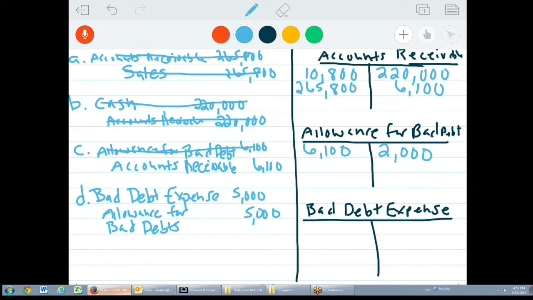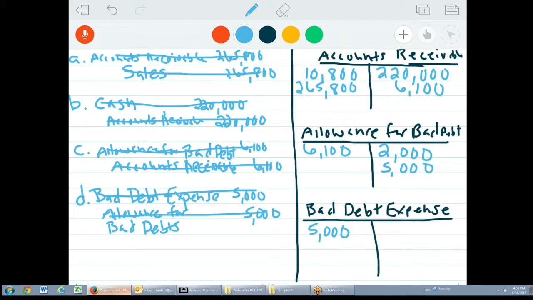We did that. And next on bad debt expense, this is our estimate. We would record the $5,000 for this time period. And then we would post allowance for bad debt, a $5,000 credit balance to increase the allowance account.